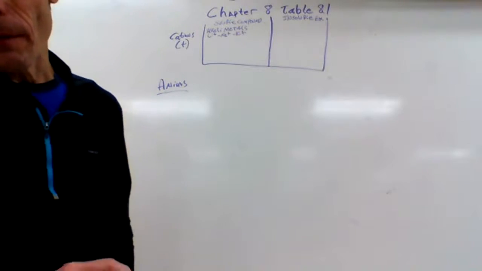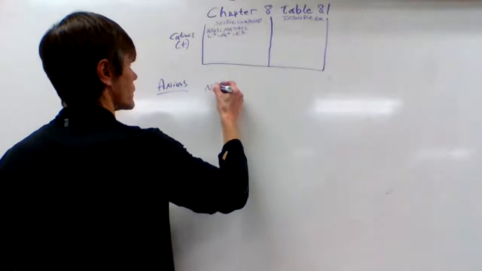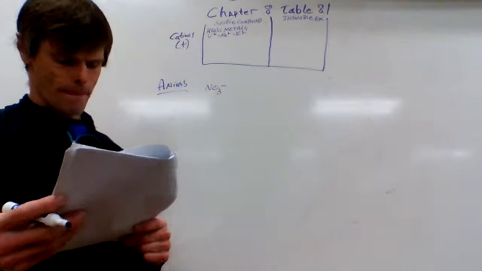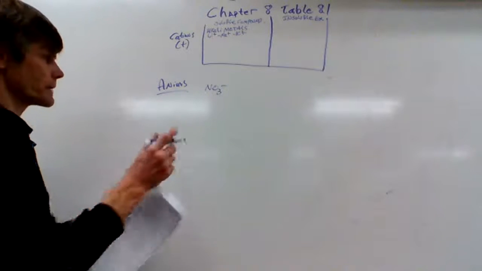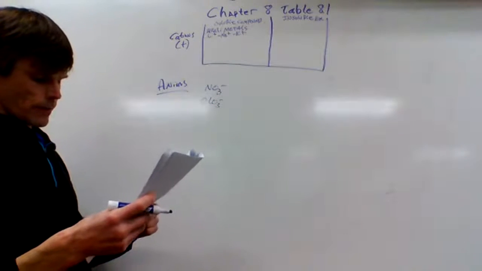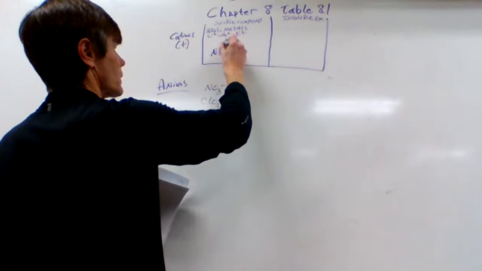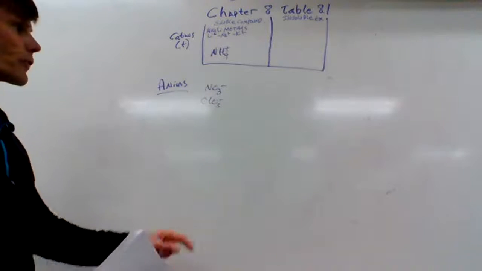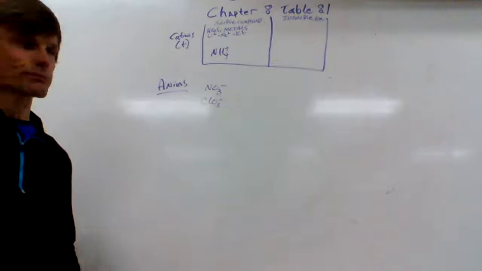That's important. Down here, anions. Nitrates, always soluble. They also have chlorates. And up here also they have the ammonium ion. Ammonium ion, always soluble. Those are the anions and cations that are always soluble.